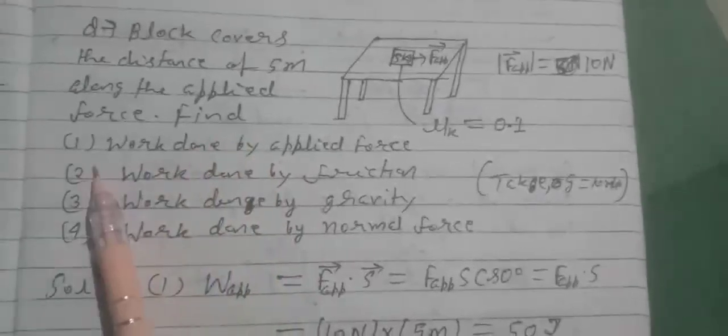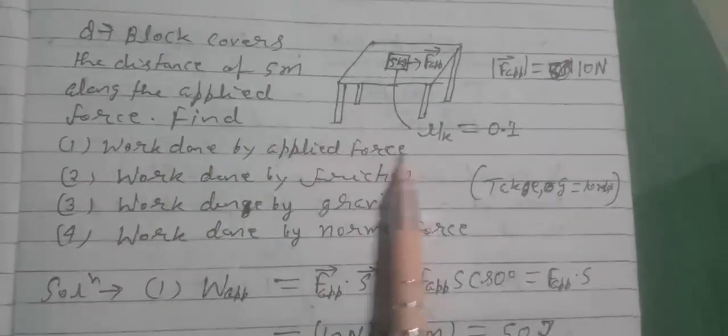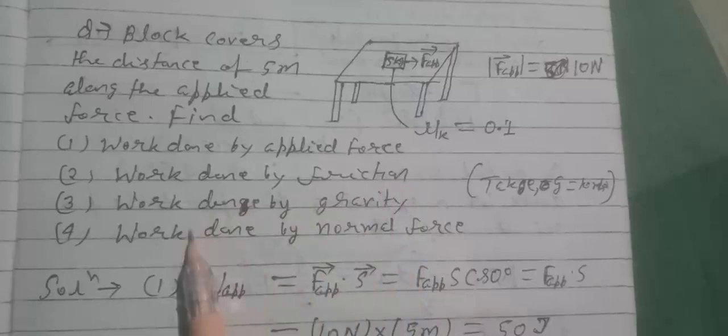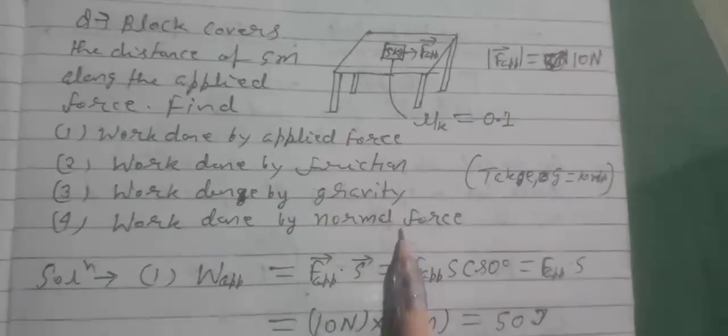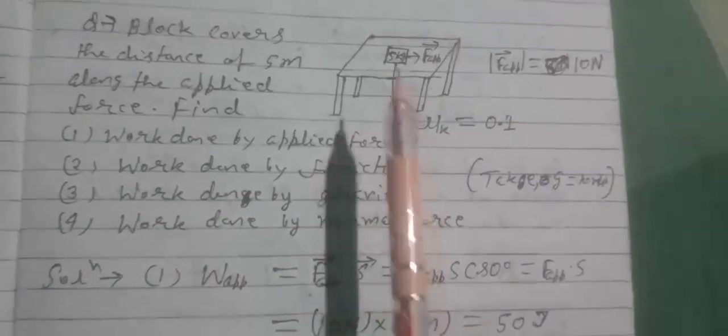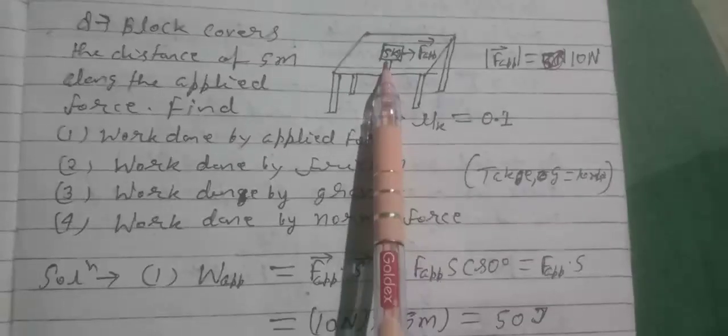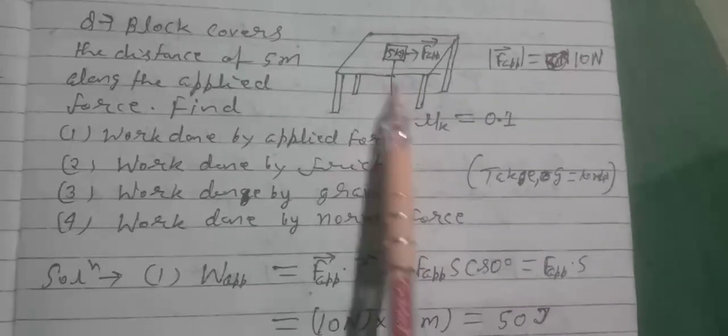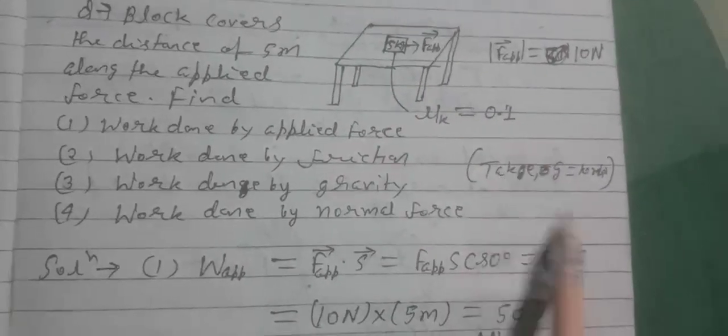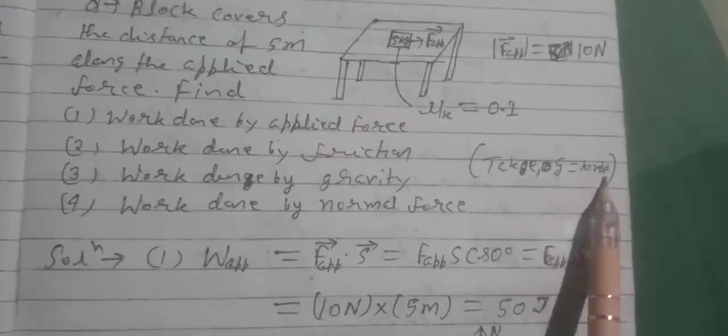Then find: A, work done by the applied force, work done by the friction force, work done by gravity, and work done by the normal force. The kinetic friction coefficient between the block surface and the table surface is given as 0.1. Also we have to take g equals 10 meters per second squared.